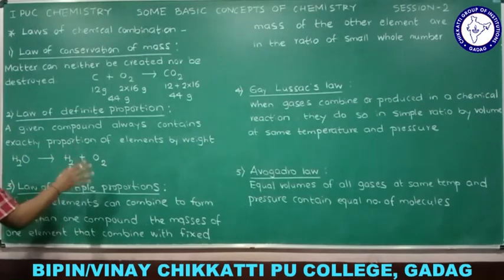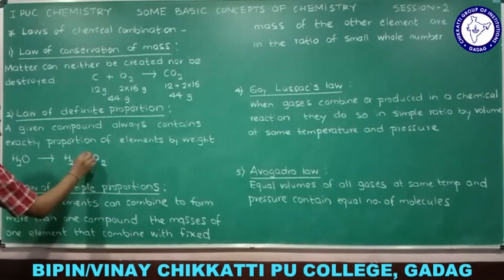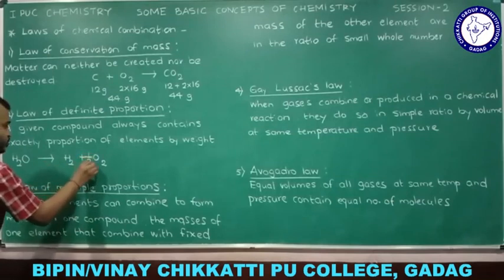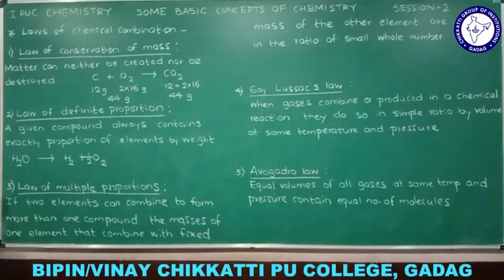That is, what is the proportion of hydrogen and oxygen in water we are going to see, and according to the rule, we have a fixed composition or ratio. H2 plus half O2, that is written to balance the equation correctly. Now we are going to see the composition of elements in this particular compound.